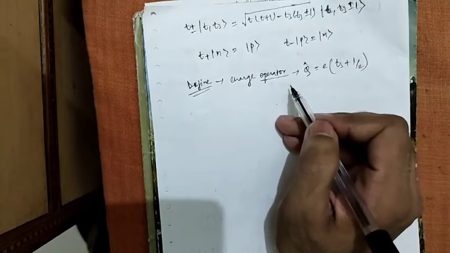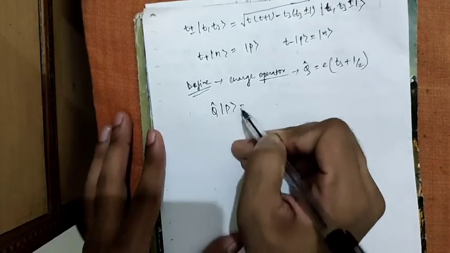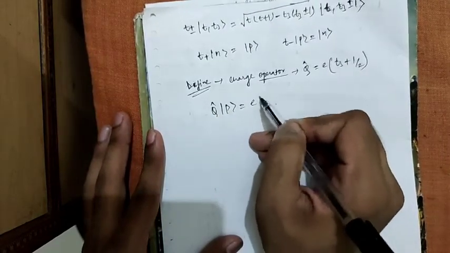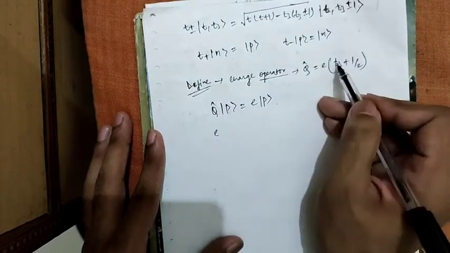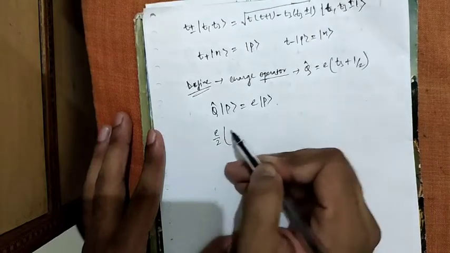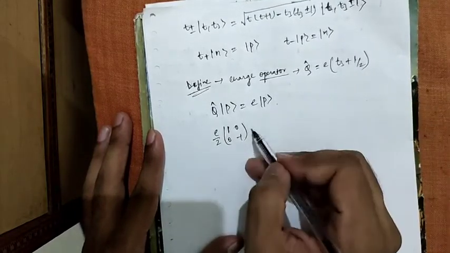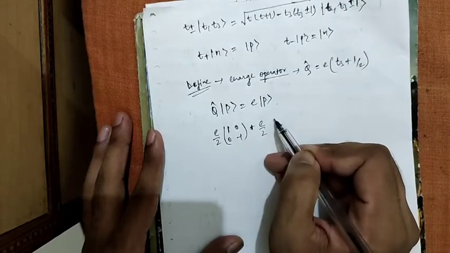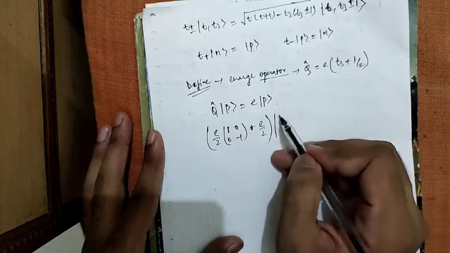When Q operates on a proton, it gives us e times the proton. That is, e times [1, 0; 0, -1] plus e by 2, acting on the proton (1, 0).